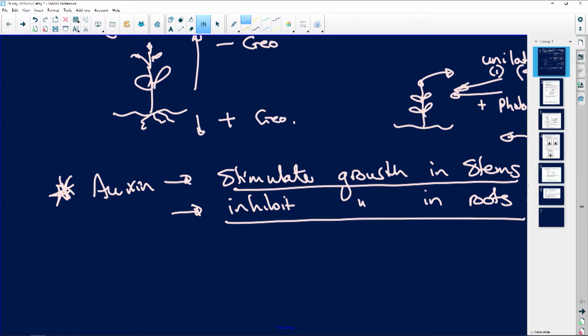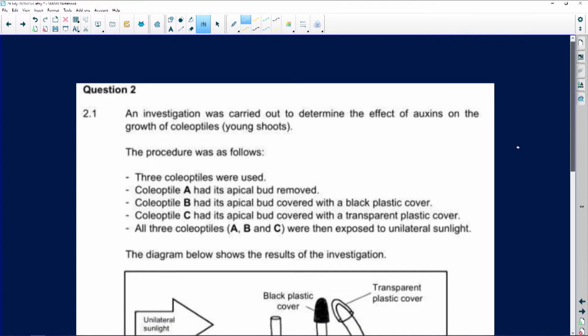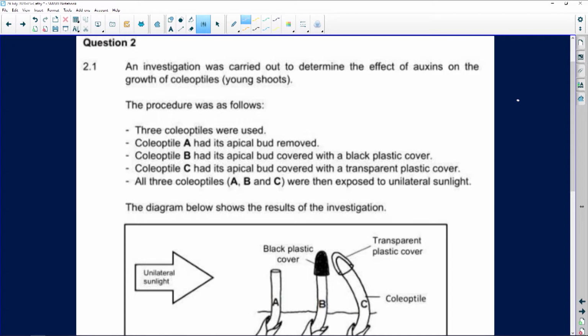Okay, let's look at our first question. This is our question from Nana Ndlovu, and thank you for sending this in. So, Nana, an investigation was carried out to determine the effect of auxins on the growth of the coleoptiles. Now, just doing our basics, it was an investigation, and this will tell you what your dependent variable and your independent variable is.